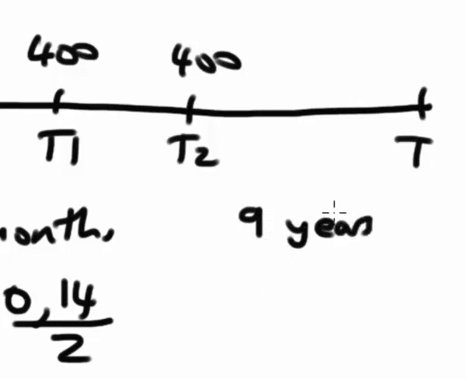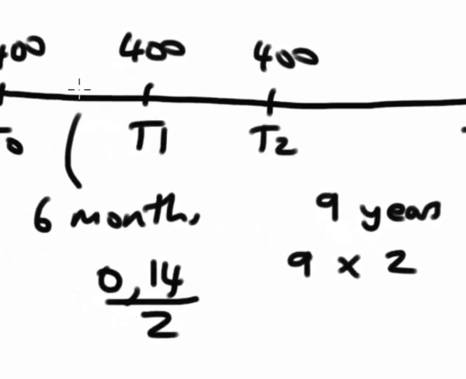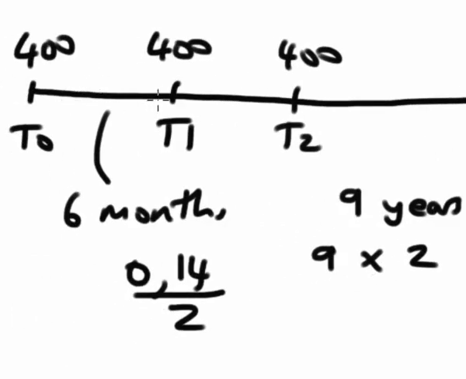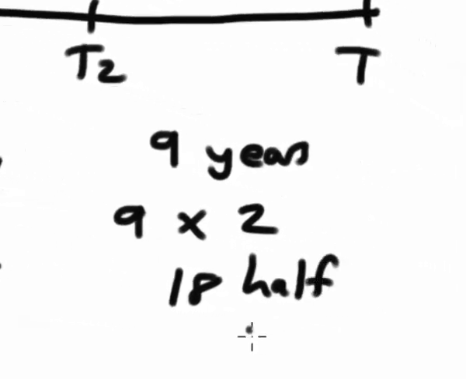Now, if we take a period of 9 years and multiply by 2 half years, remember it's a half year, that's a 6-month period. From T0 to T2 is a year. So 9 years multiplied by 2 half years is 18 half years, 18 6-month periods.